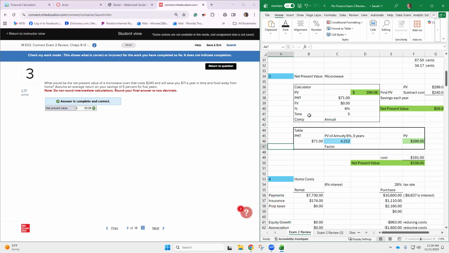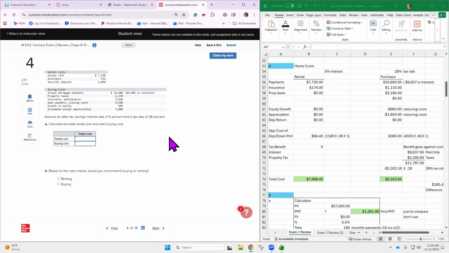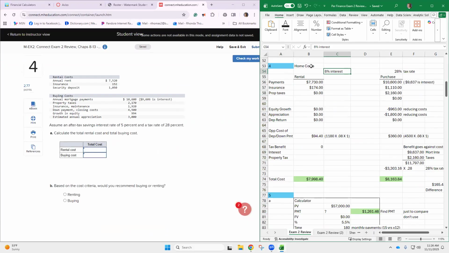Okay, number 4. I think this is one that was a little bit tricky. All right, this is comparing rental costs to buying costs. First thing I would do is note what the interest rate is. Okay, we're going to make 2 columns, one for rental and one for purchasing a home. And what we're going to do is then we're going to pick the one based on cost.